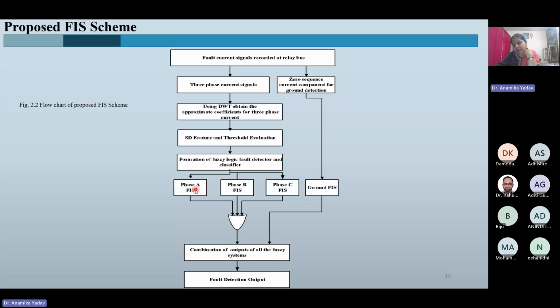The combination of all their outputs gives the fault classification, that is, which type of fault has occurred, whether single line to ground, double line to ground, line-to-line fault, or triple line to ground fault. So simultaneously we get fault detection as well as classification through the four FIS modules.